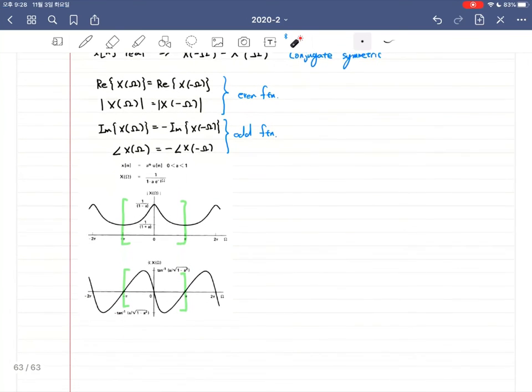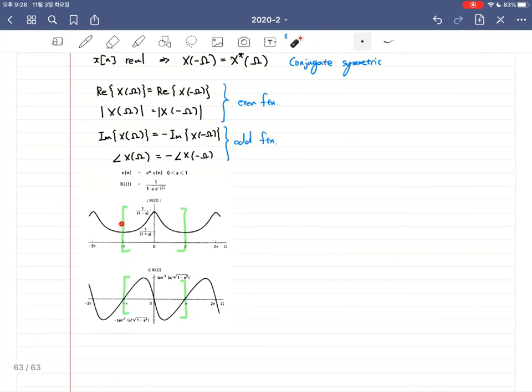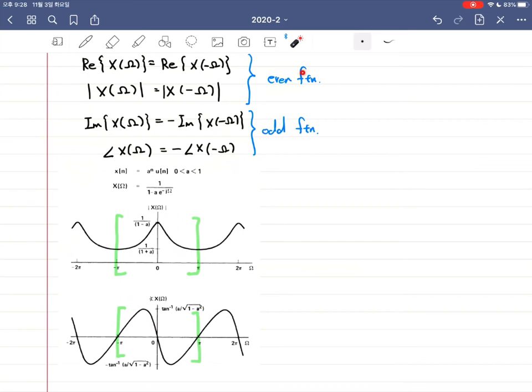And also you can see the symmetry property for these two. For the magnitude, you can see that this is an even function. It's symmetric with respect to the y-axis, and you can see that this phase angle graph is symmetric with respect to the origin, which means it's an odd function.